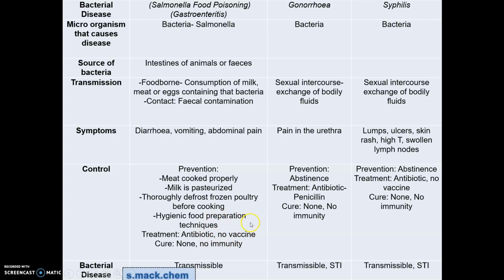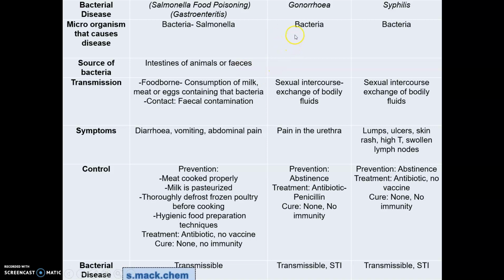Of course, there is no vaccine for gastro as it is treated by an antibiotic, and there is no cure or no immunity to this disease, meaning that you can get it anytime in your life through a foodborne source, and that is gastroenteritis. And of course, it is caused by a transmissible microorganism, and hence it is a transmissible disease.